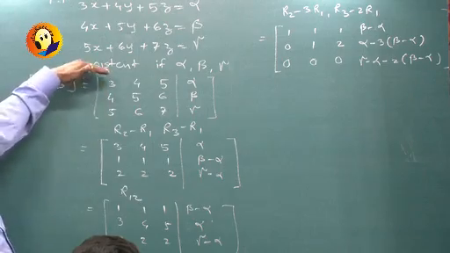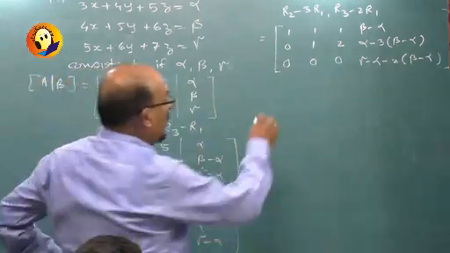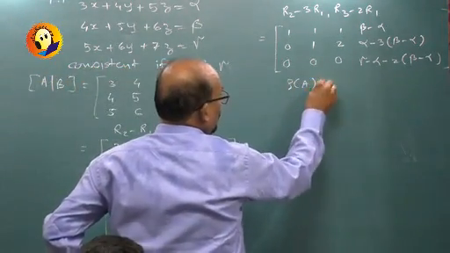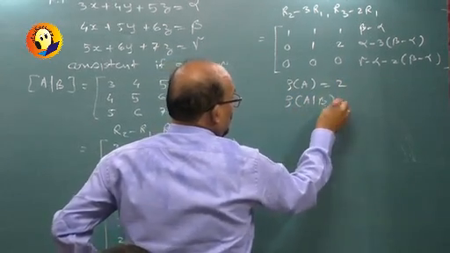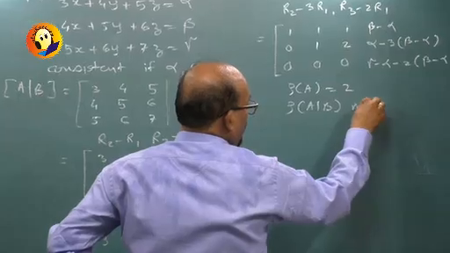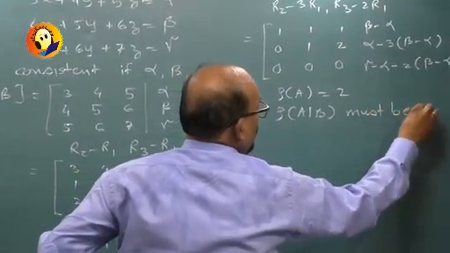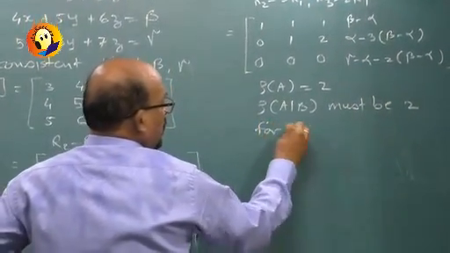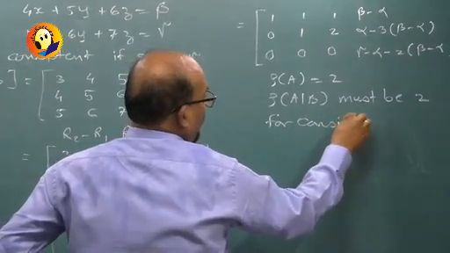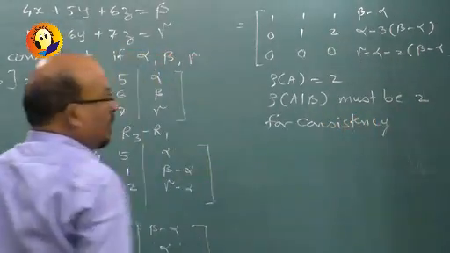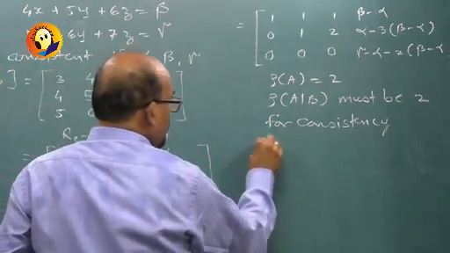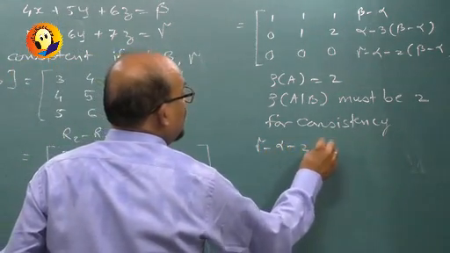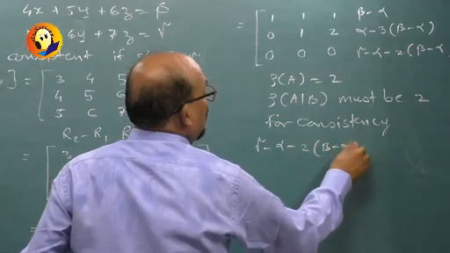He is talking about consistent. We have already got that rho of A is 2. And so rho of AB must be 2 for consistency. And if rho of AB is to be 2, then gamma minus alpha minus twice beta minus alpha should be 0.